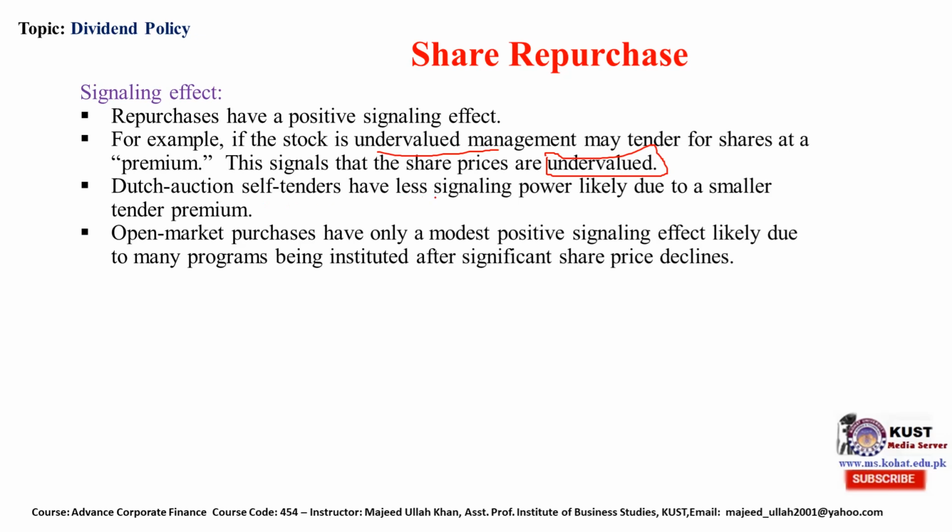Dutch auction self-tender has less signaling power because of a smaller tender premium. In a Dutch tender, the company will buy shares at the lowest price, which does not give a good signal to the market.